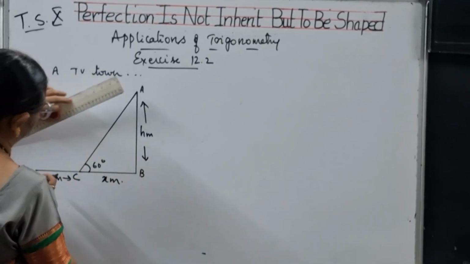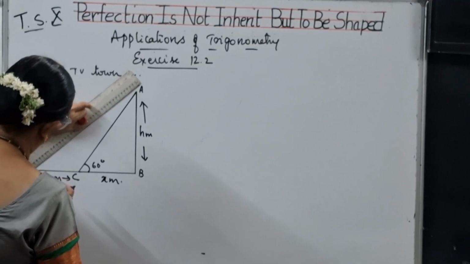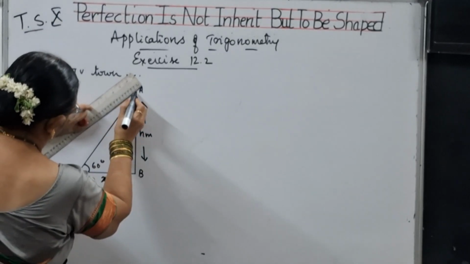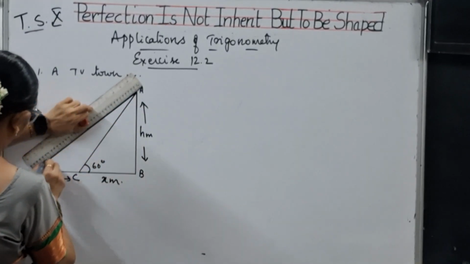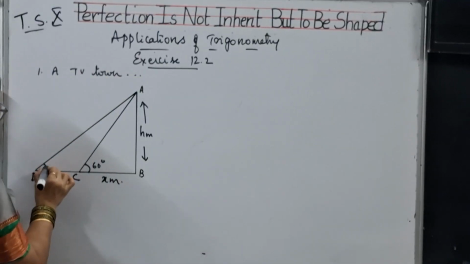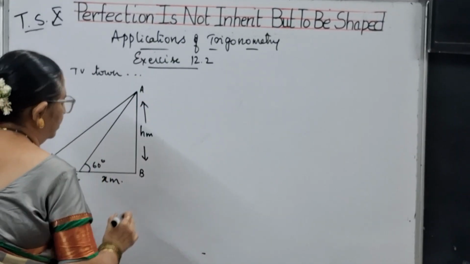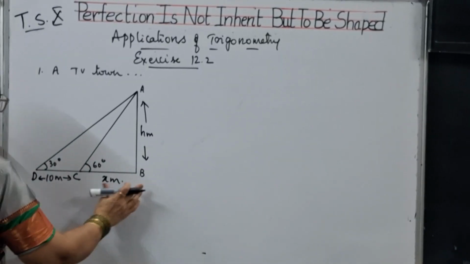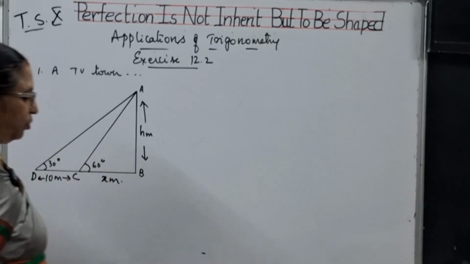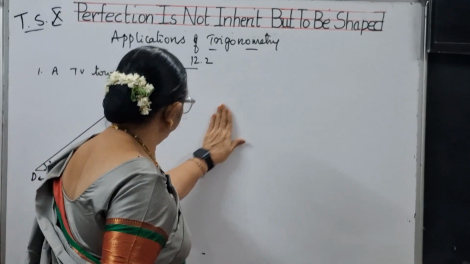Now the angle of elevation has changed to 30 degrees. Now, what is the height of the tower and what is the width of the road? This is the problem for your children.